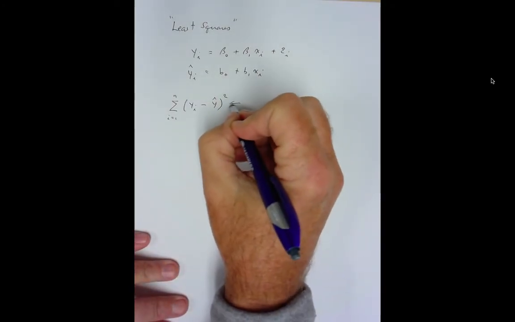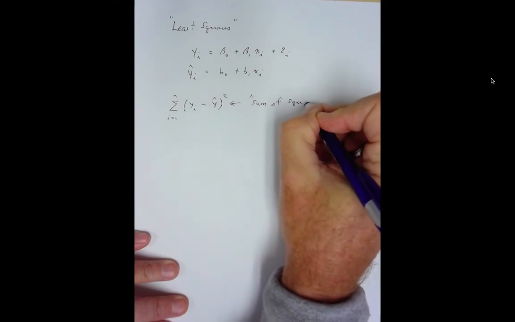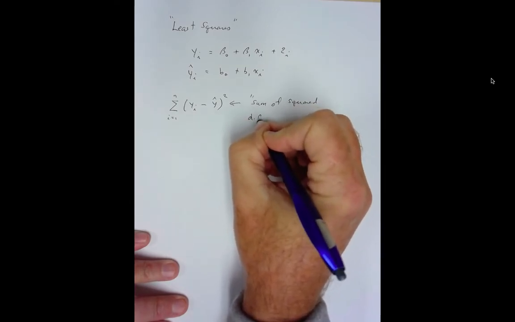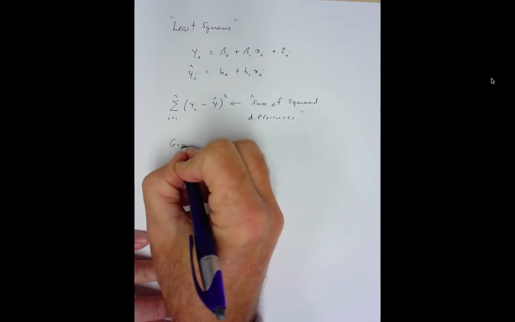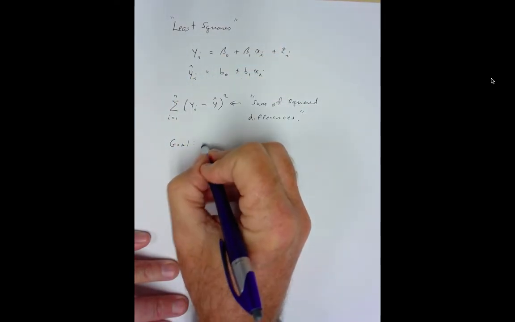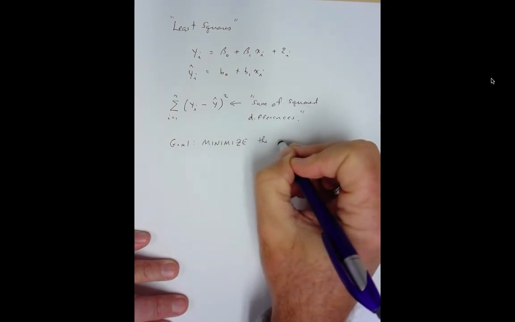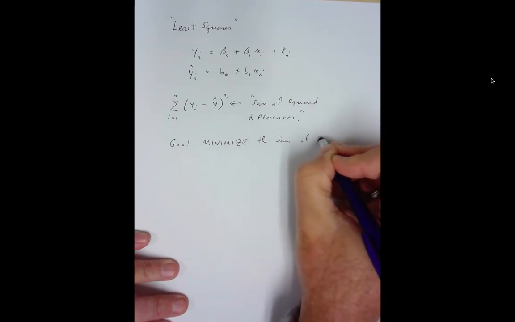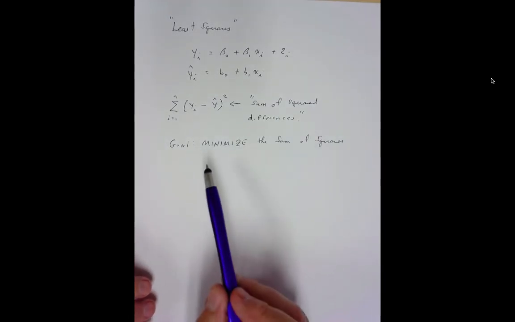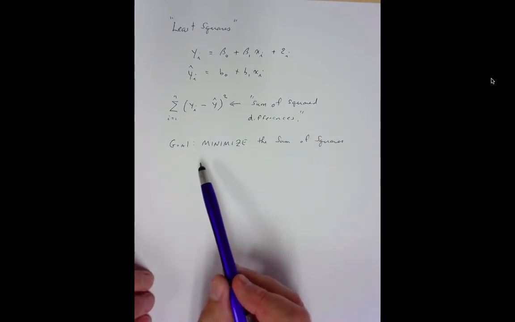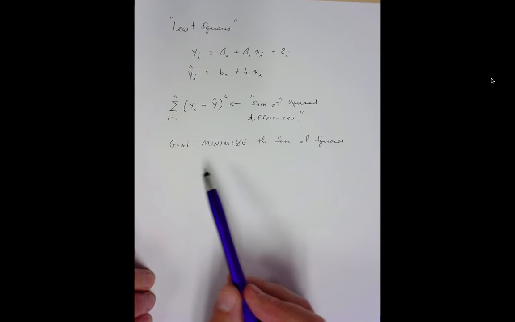And these things are called the sum of squared differences. Now, the goal in this least squares approach is to minimize the sum of squares. And it's one of the reasons that we call the model that we actually end up with the least squares model. Some people call it the line of best fit.